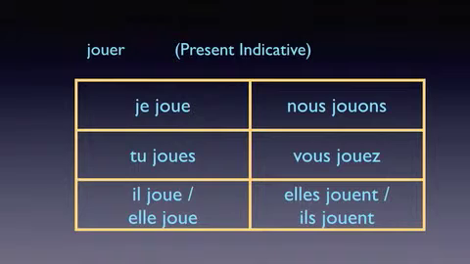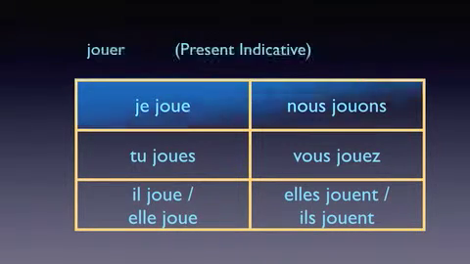Notice as well that the 6 forms are also organized in 3 rows. These rows refer to number. We call them first person, second person, and third person. The first person row contains I am playing and we are playing.